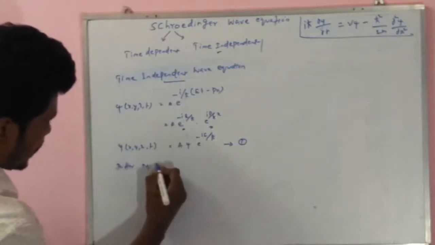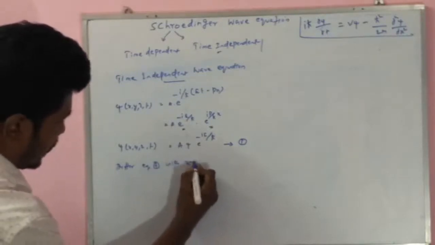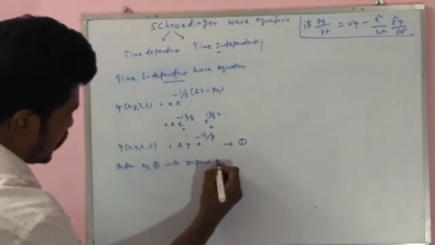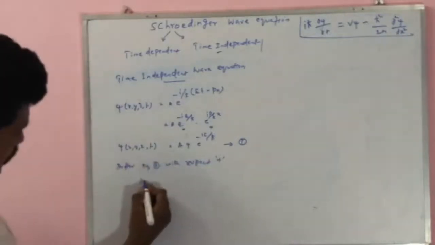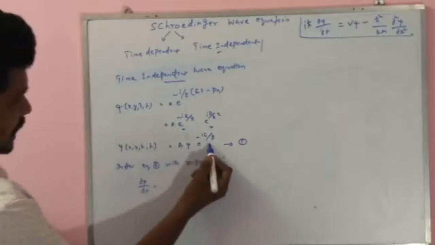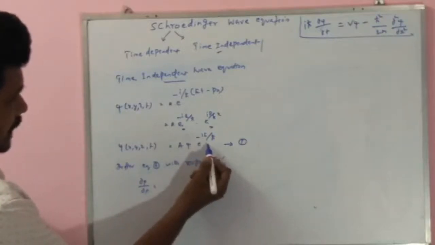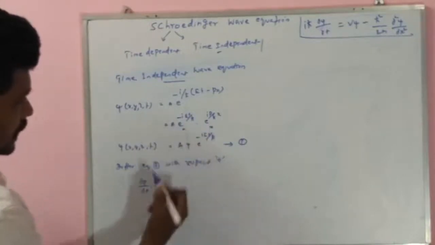Differentiating equation 1 with respect to t. So ∂ψ/∂t is equal to, this is the value for the t function, and this is the value for the x function, understand.